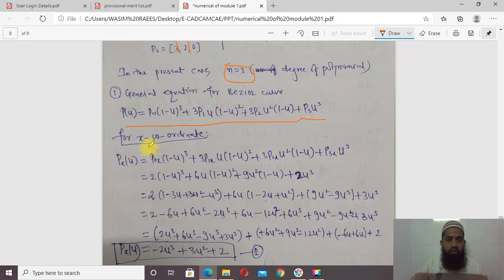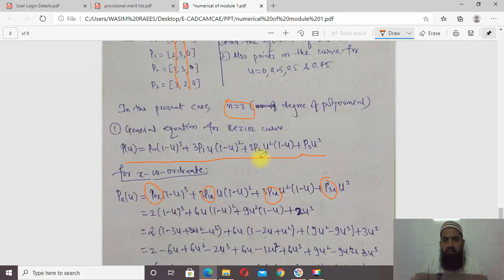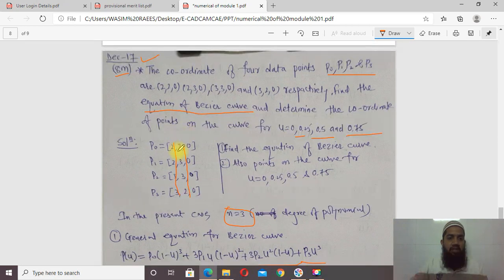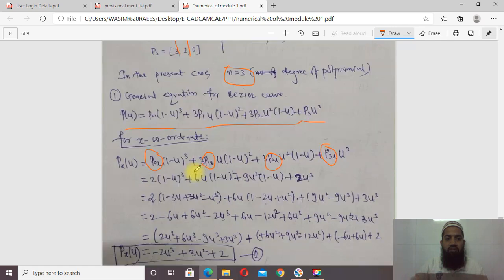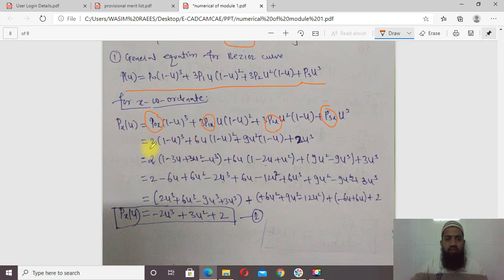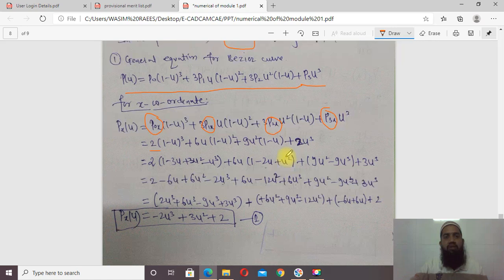Now I am going to put in the values from above: 2, 2, 3, 3. P1x is also 2, so 2 times 3 is 6, here 3 times 3 is 9.